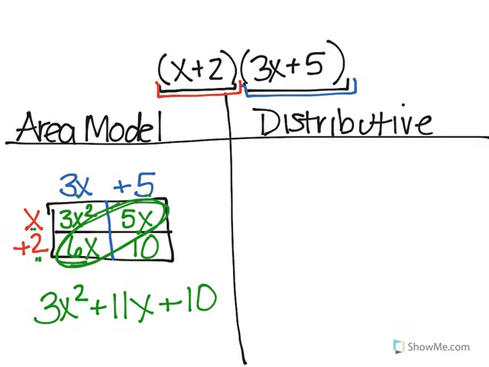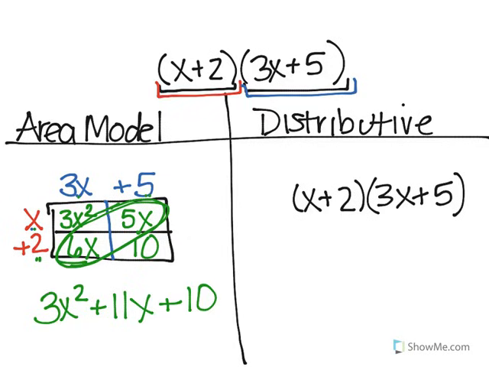Now let me show you the same exact problem using distributive property. Using distributive property, we know that we have to multiply each term in my first factor by each term in my second factor. So first I'm going to multiply x times 3x, which is 3x squared.